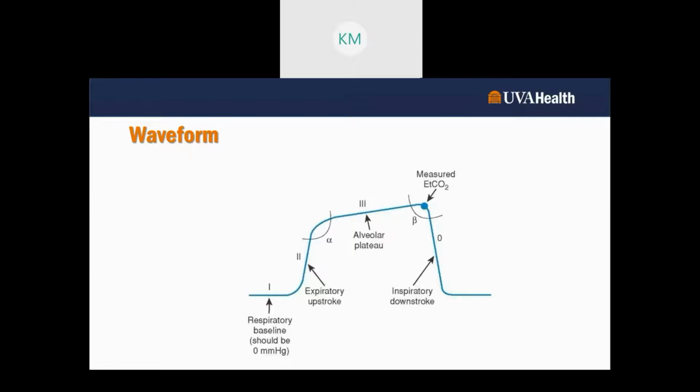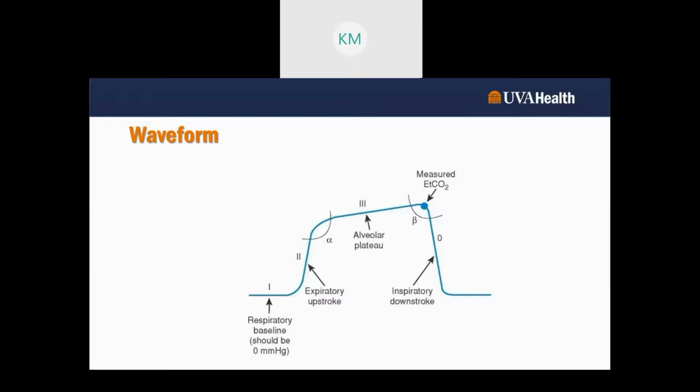So you put the device on the patient. Fantastic. What am I looking at? What am I looking for? This is what a normal waveform looks like, and I want you to take a look at this. It's kind of boxy, right? It's rectangular in nature, but it's not a perfect rectangle. I want you to really notice that. You can see this place marked alveolar plateau, around phase 3.